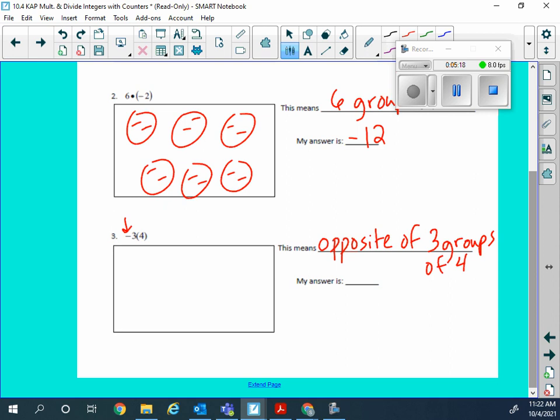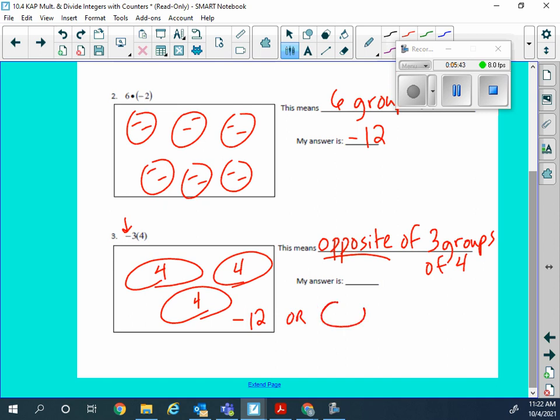3 groups of 4. So that means, okay, I need 3 groups, right? There's 2 ways to think about this. I can do 3 groups of 4: 4, 4, 4. How much would this be? 12. But then I need to take the opposite, so that would be negative 12, right?